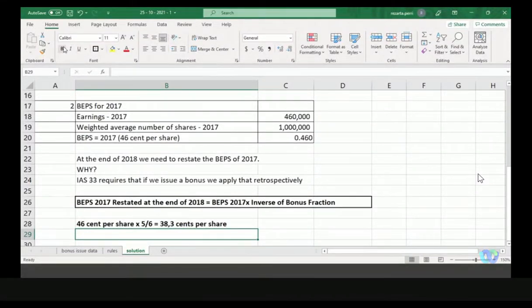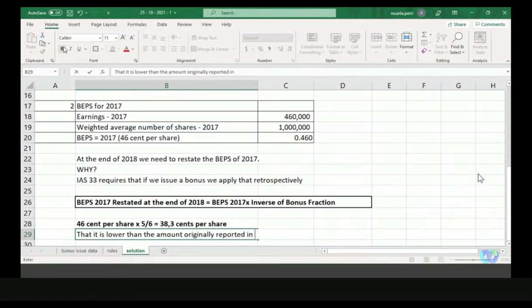We have restated the amount of earnings per share for 2017, and you see that it is lower than the amount originally reported in 2017. In 2017, we reported 46 cents per share.